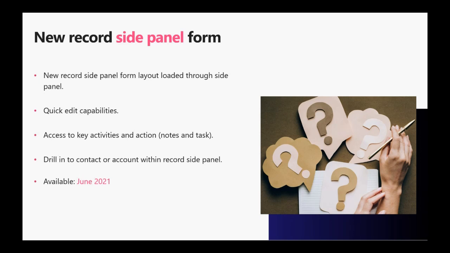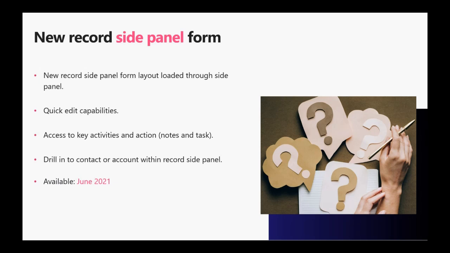You will have access to key activities and actions, and you will actually be able to drill down into the data. So, for example, Microsoft is giving us an example where you are working on an opportunity, and you want to create or trigger a task right from the opportunity, or you want to, let's say, drill down on the account data.